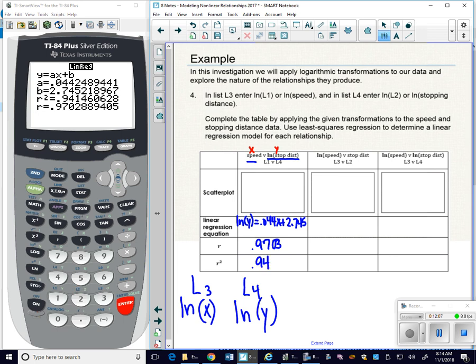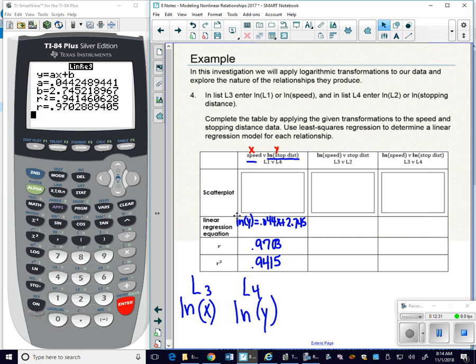And the only reason I'm rounding to 4 decimal places is because when we start comparing these models, you'll see that once we do these transformations, our values get closer and closer and closer. And so if you compare the r and the r squared values from this model to the one that we did with the original data, you'll see that these values aren't as close to 1 as our last model.